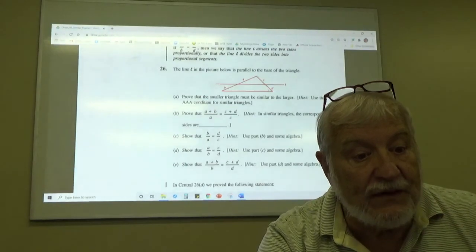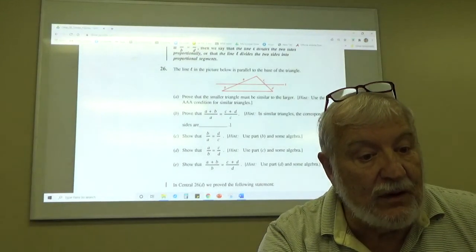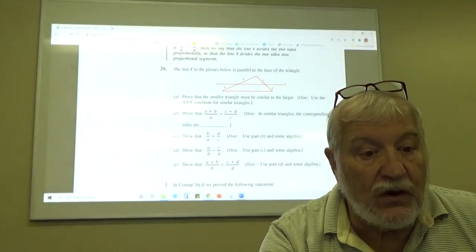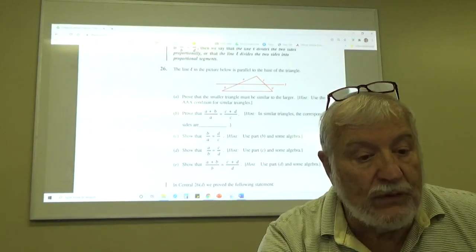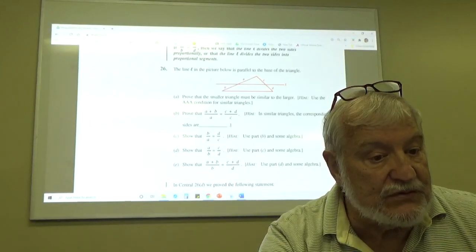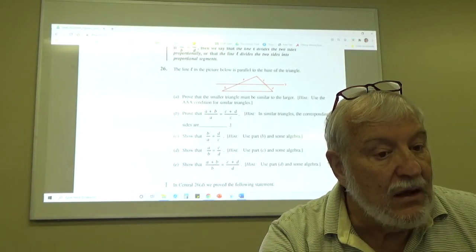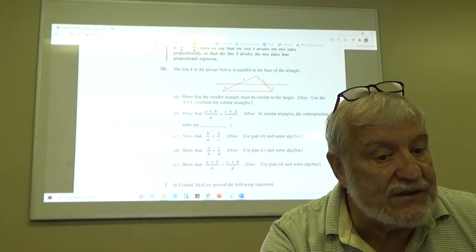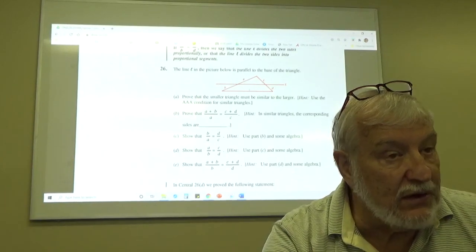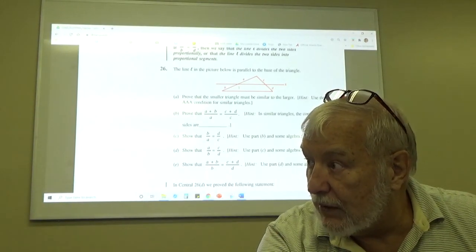So this angle down here at D and this angle up here that I'm looking at, those are corresponding with the two parallel lines cut by the transversal. Same thing here. This little angle here and the angle down here at B are corresponding angles because these two lines horizontally are both parallel.